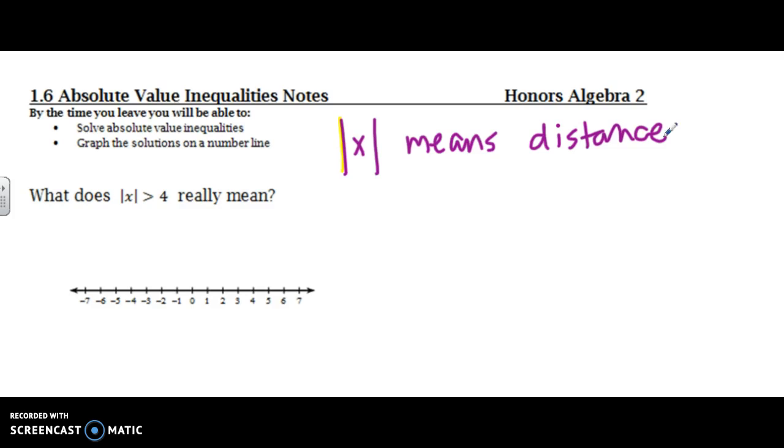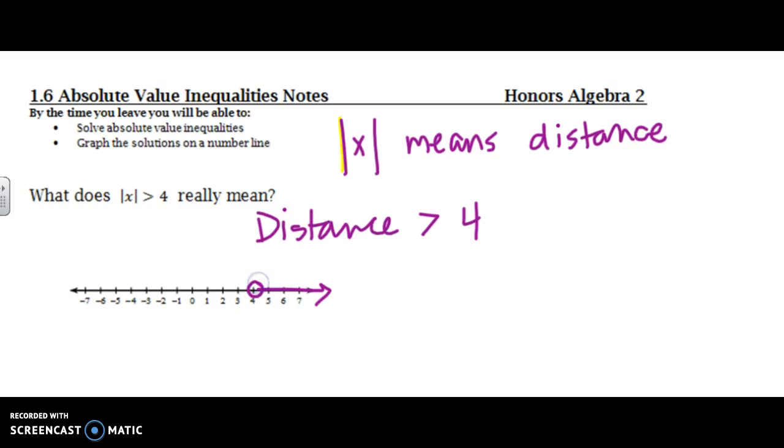What does absolute value of x greater than 4 really mean? That means we're talking about when the distance is bigger than 4. The distance some number is from 0 has to be bigger than 4. What kinds of distance are bigger than 4? Well, we would talk about 4.1, 5, all the way up till forever at infinity.